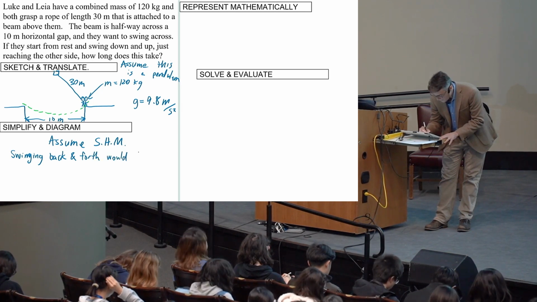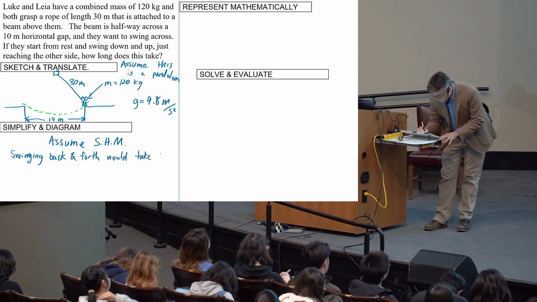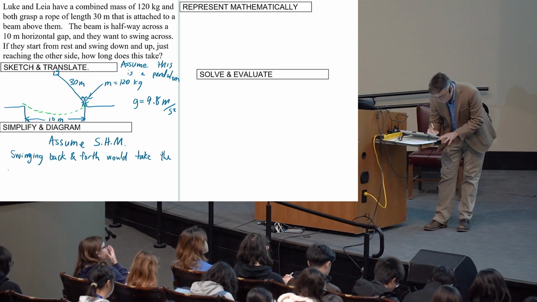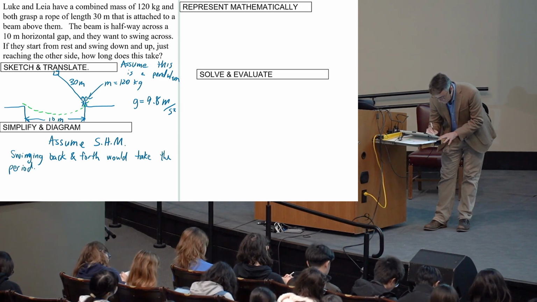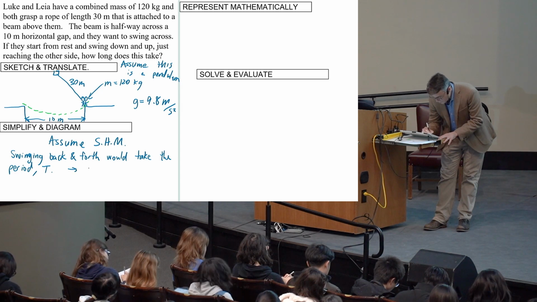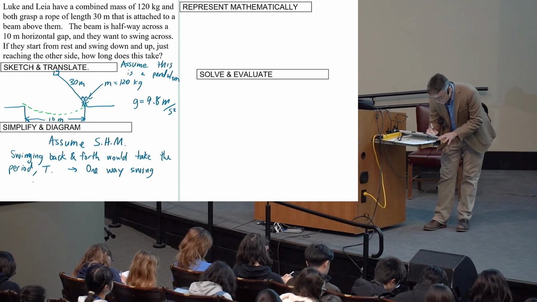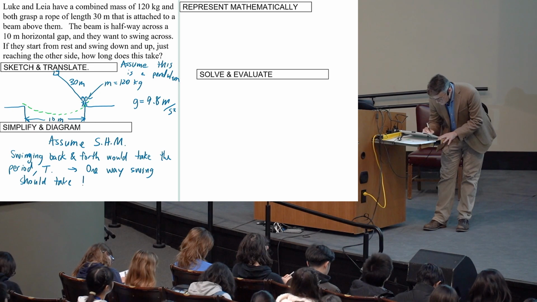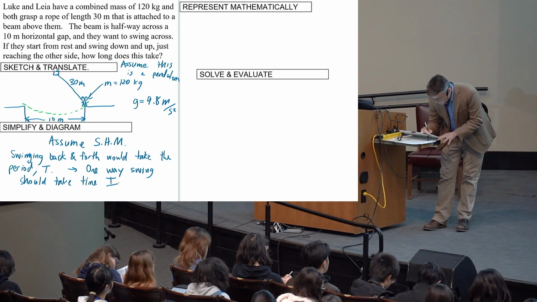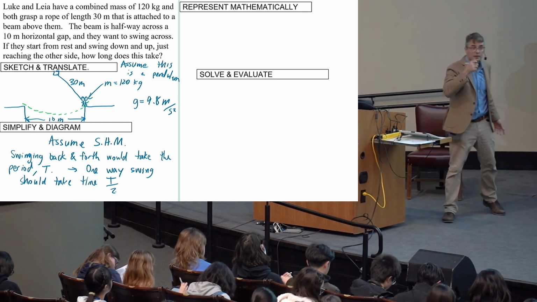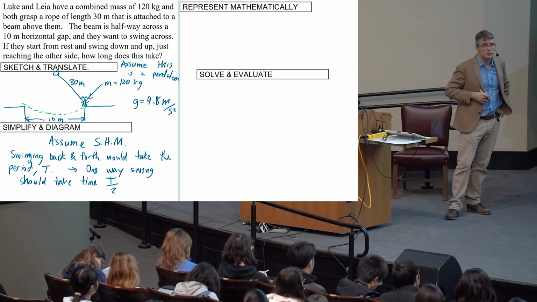The period is T, and so a one-way swing is half of that. It should take time T over 2. So we're just going to use the equation for the period of a pendulum and divide by 2.